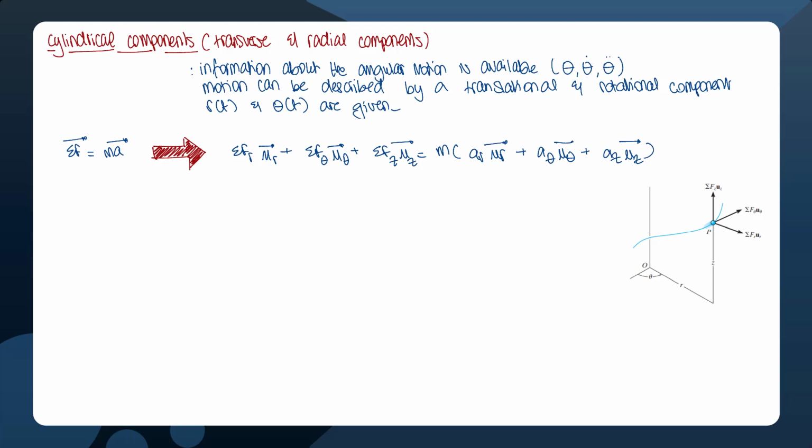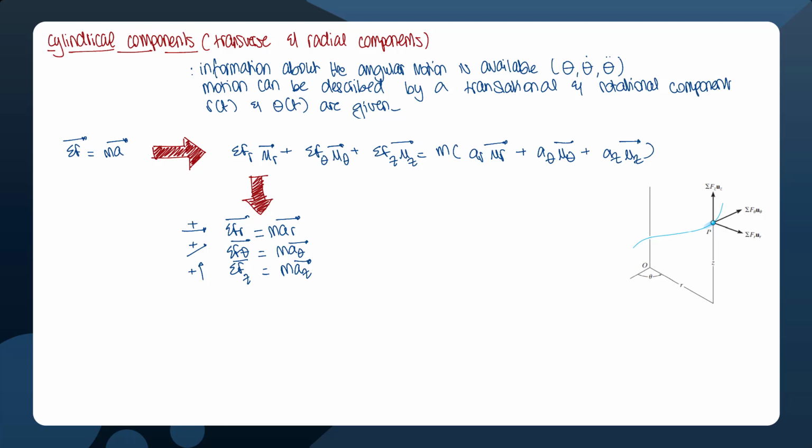Now again, if we split the different terms based on the vectorial components u_r, u_theta, and u_z, we'll end up with three different equations: sigma Fr equals m a_r, sigma F theta equals m a_theta, and sigma Fz equals m a_z. So we have now three different equations.